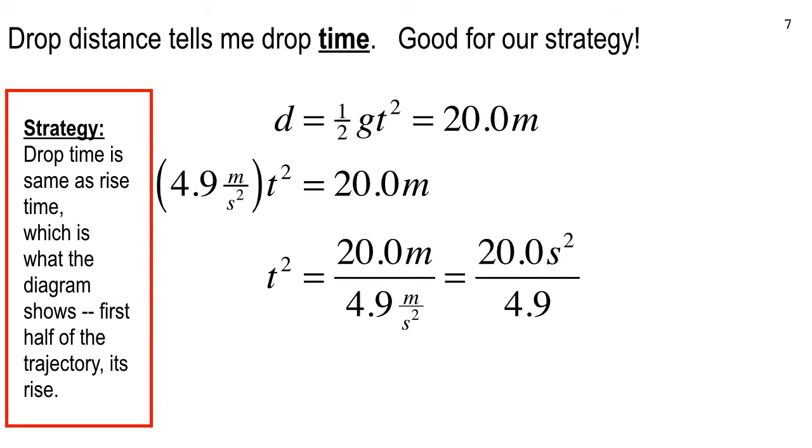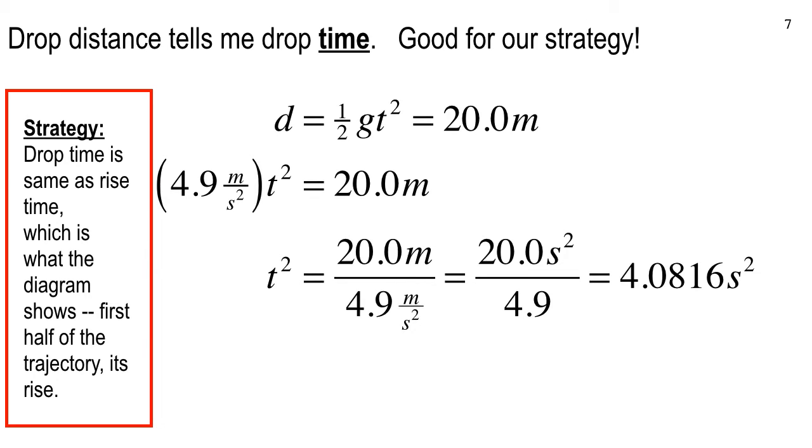It's 20 divided by 4.9, so that's about 4, if you're just doing it in your head. And if you do it on a calculator and keep a bunch of digits, 4.0816 seconds squared. Now that's t squared.